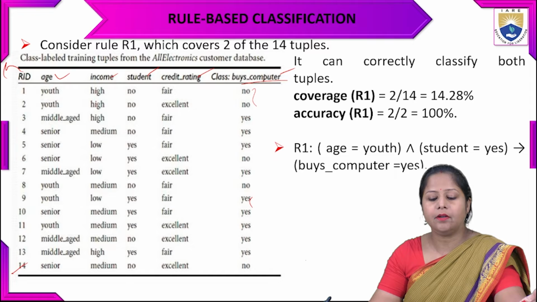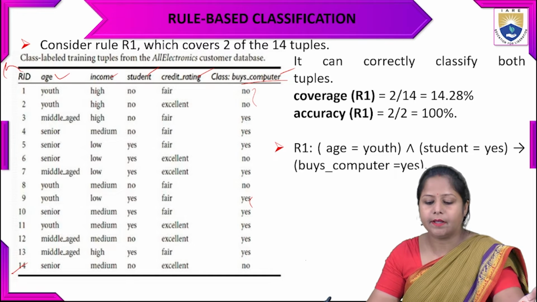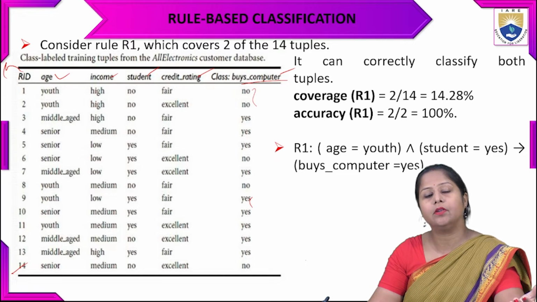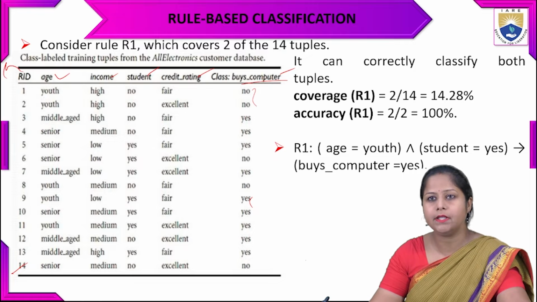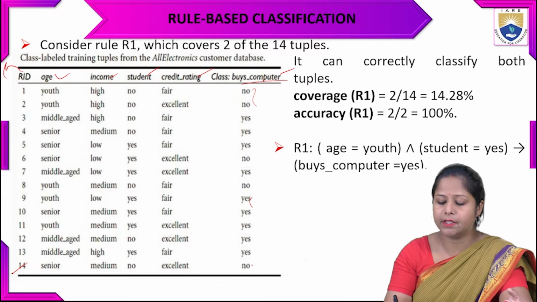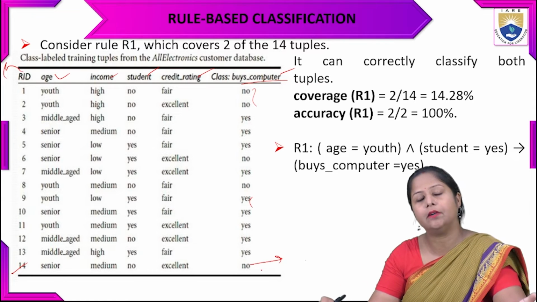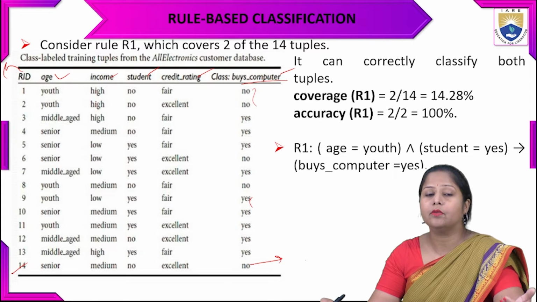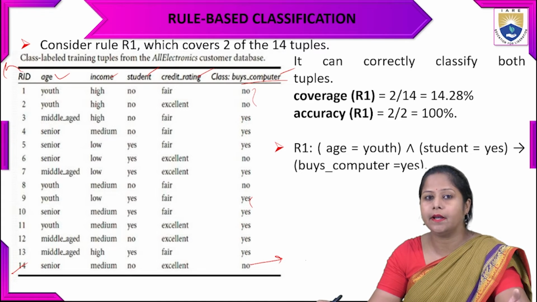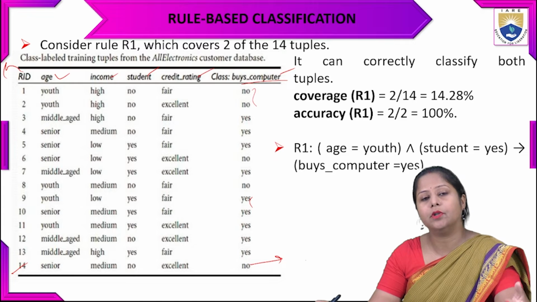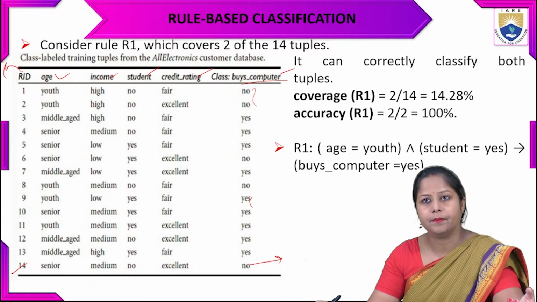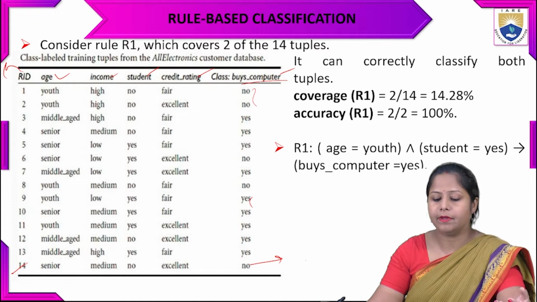So consider rule R1, which covers two of these tuples. The table has 14 tuples, 14 records, but the rule that we wrote in the earlier example covers only two of the tuples. So how can we see that?